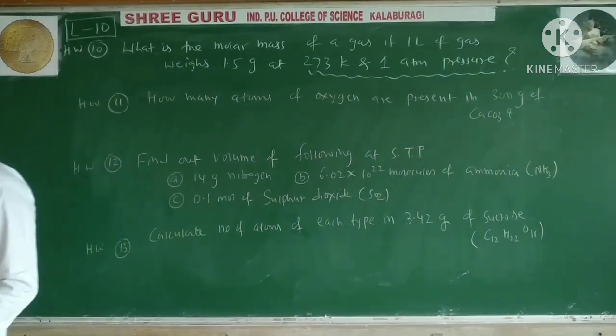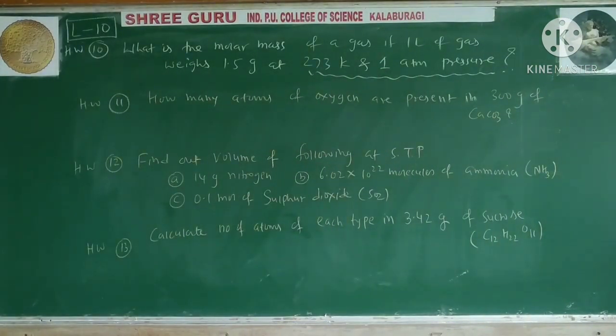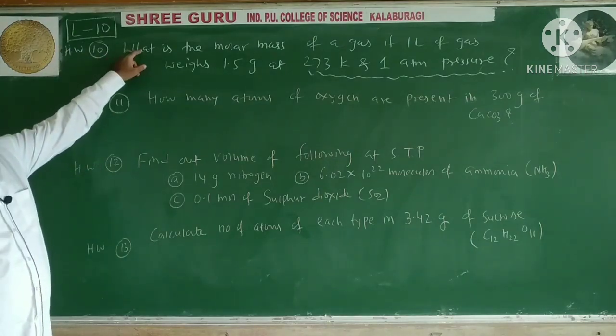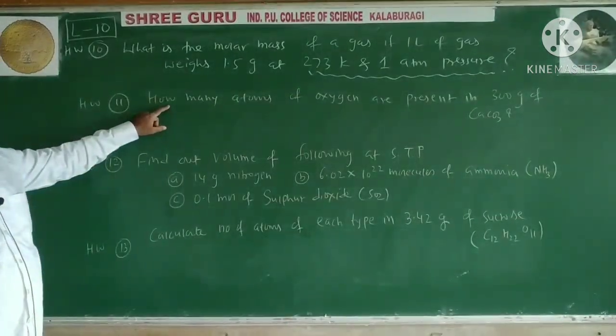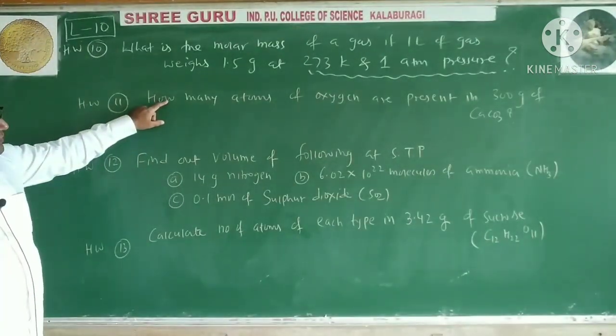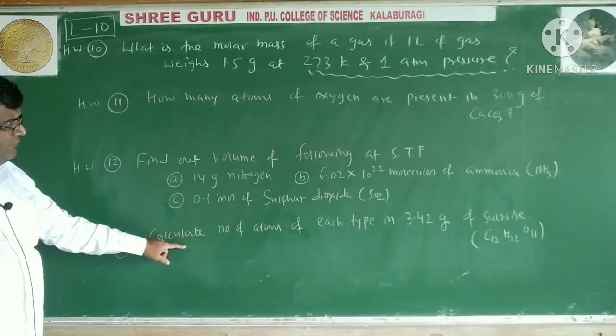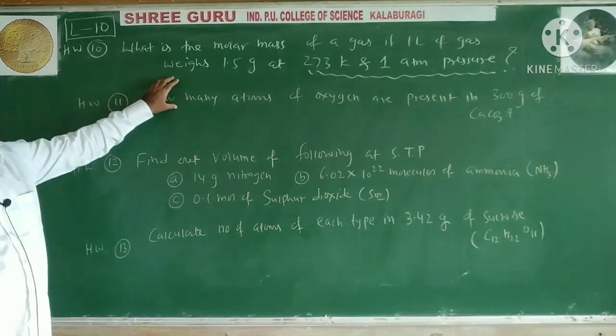So these 9 questions we solved together. 4 questions I have given you as homework. This is a simple question; exactly the number has been changed. The same question we have solved. This is also a similar question. Here only oxygen atoms are asked.